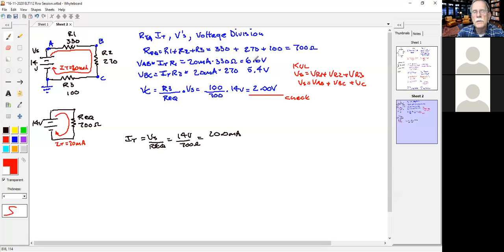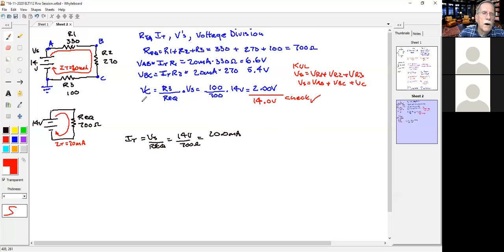I've got 6.6 plus 5.4 is 12. 12 plus 2 is 14. So it does indeed check. Okay.